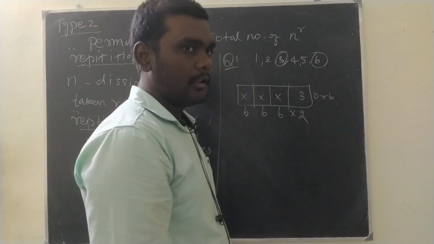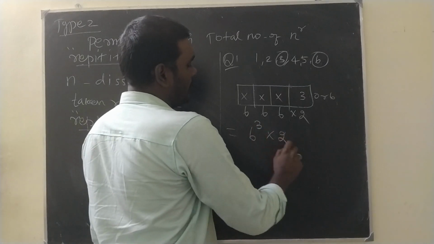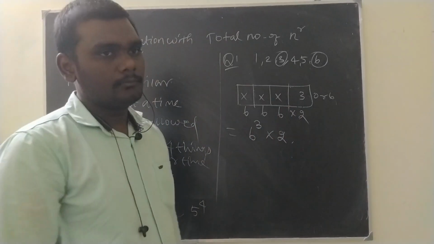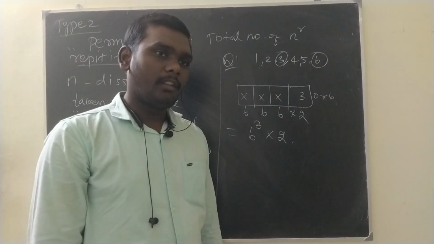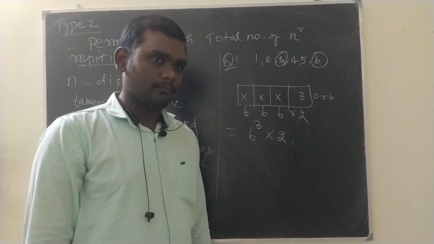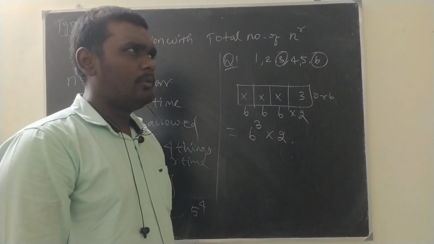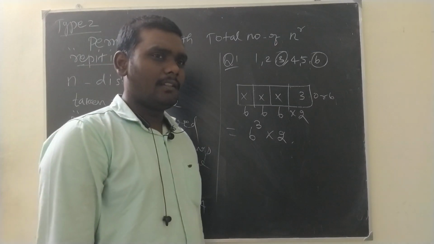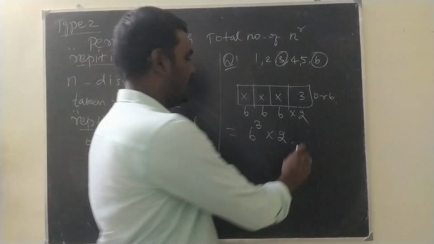That is the idea. So the total number of ways is 6 power 3 into 2. 6 cube is how much? 216. Then 216 into 2 is 432. This is the answer.